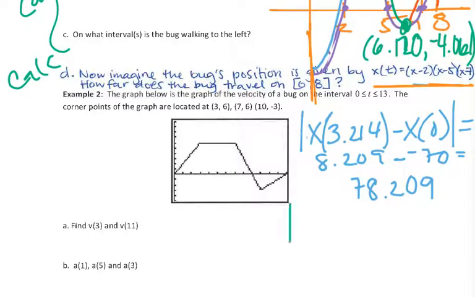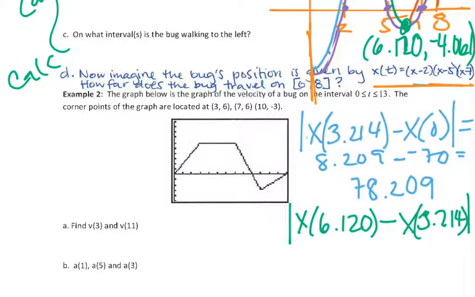All right, so this next piece is going from x of 6.120, and it's subtracting the value at 3.214. And we already know that this y value is approximately negative 4.061, and our value from before was 8.209.